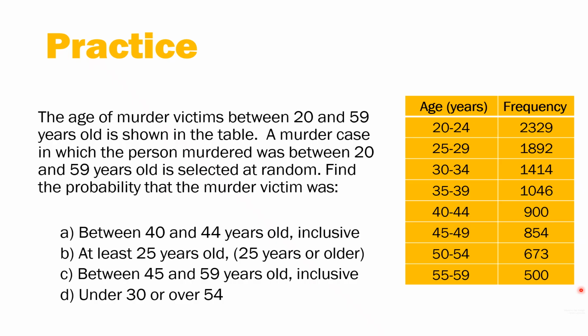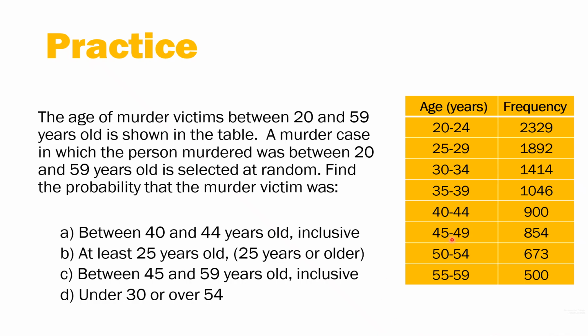Now, the next one is saying at least 25 years old. And that is saying that this person should be 25 years old or older. So that could be all of these numbers here together. And so you should add them together and you should get about 4,950. What about between 45 and 59 years old inclusive?